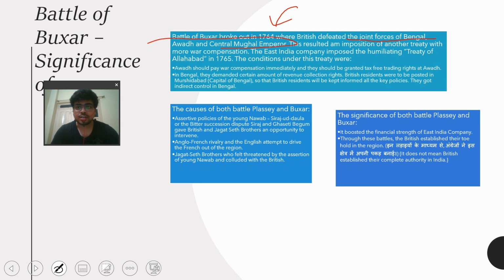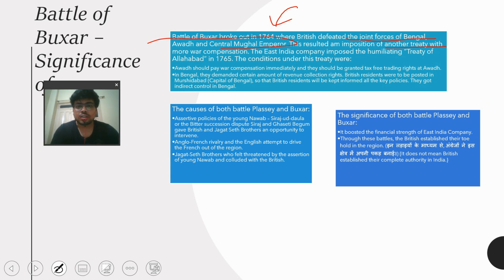So this resulted in the imposition of another treaty with more war compensation. At the Battle of Plassey it was nothing for the British, and they still imposed war compensation. Now the British thought, they fought a war again, so I will impose war compensation on them.